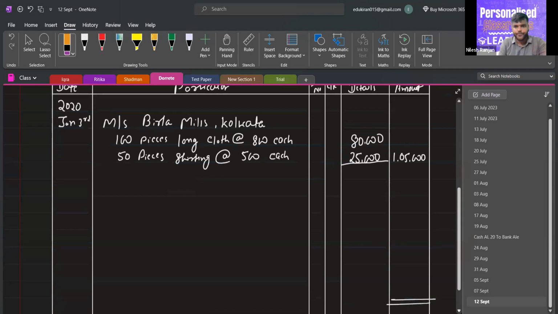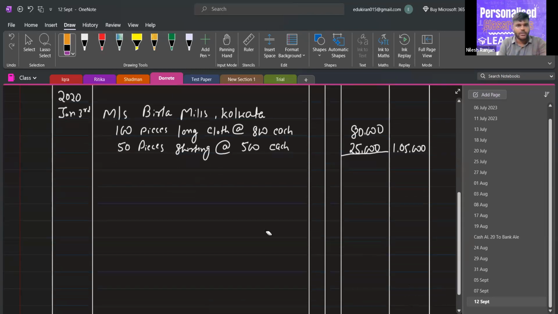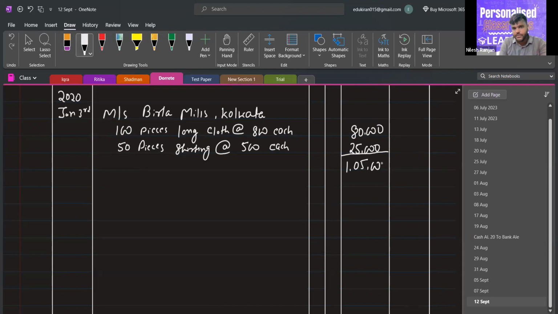So in that situation, if discount is given, it is 1,05,000. Let's say there is 10% discount, discount at the rate 10%. So it is 10,500.